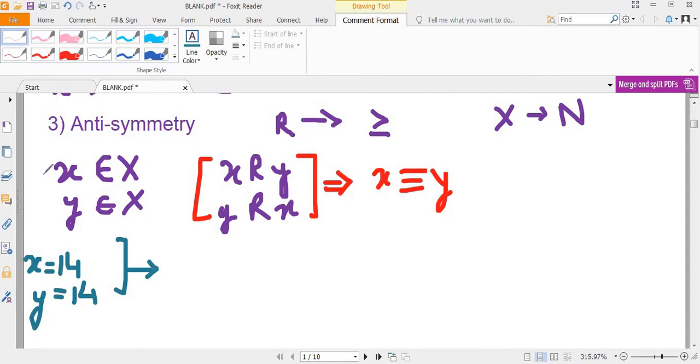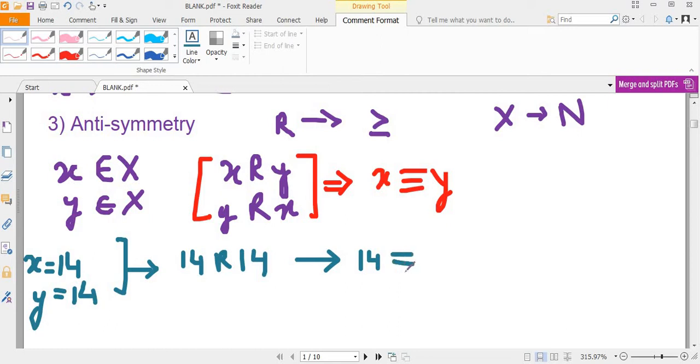Now, based on this particular choice, note that I have not put here for all x belonging to X or for all y belonging to X. If I find two numbers from the set of capital X such that this relationship holds, that is 14 is related to 14, whichever way you choose, you can either say x is related to y or y is related to x.